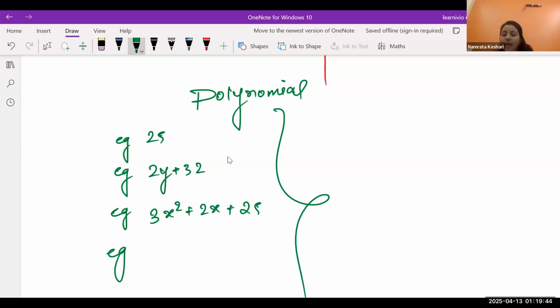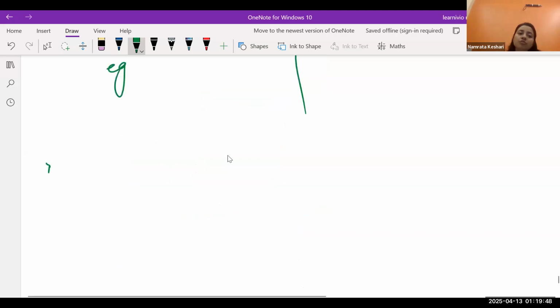So what are the names that we are going to discuss? When the degree of the polynomial is 0, our polynomial will look like just 25 or just 32 or any number, just 3.